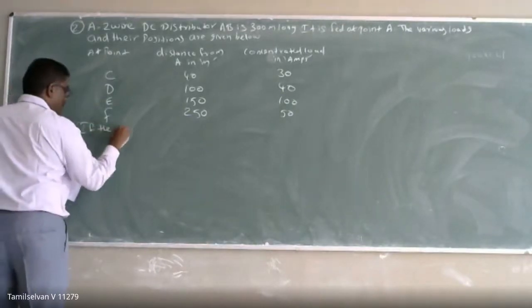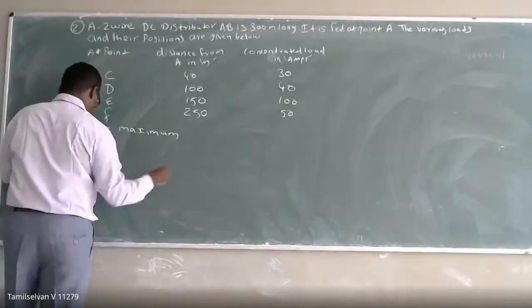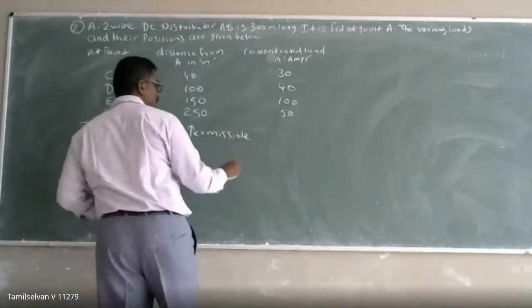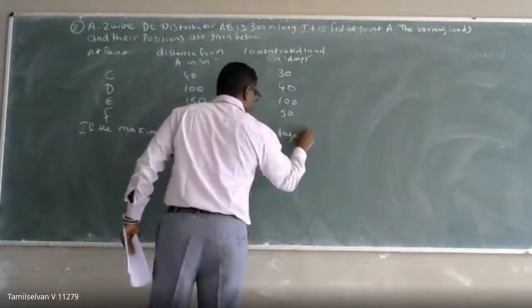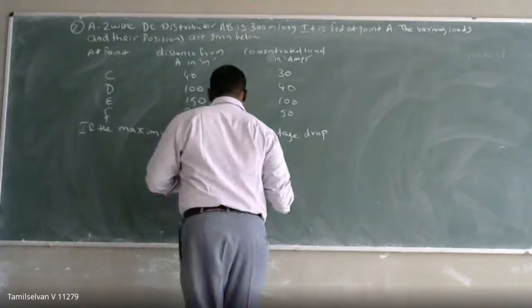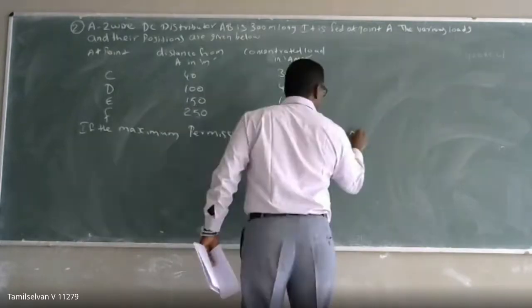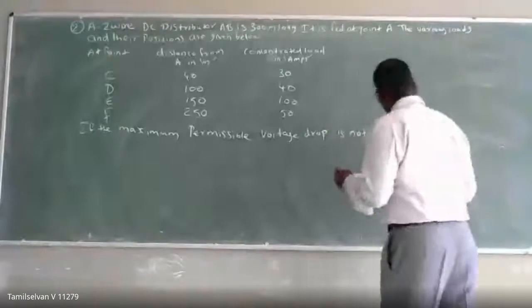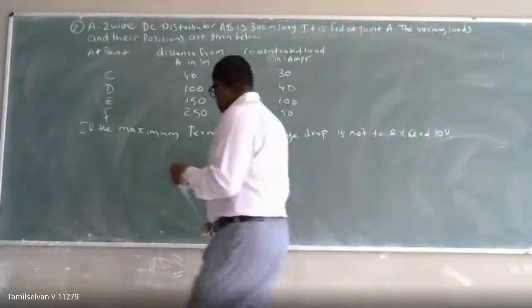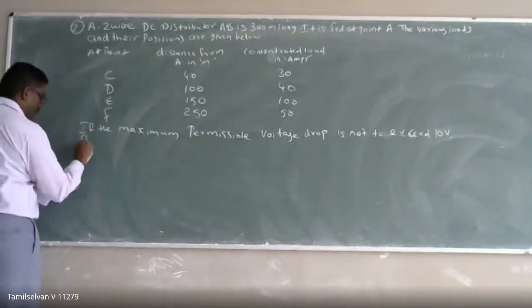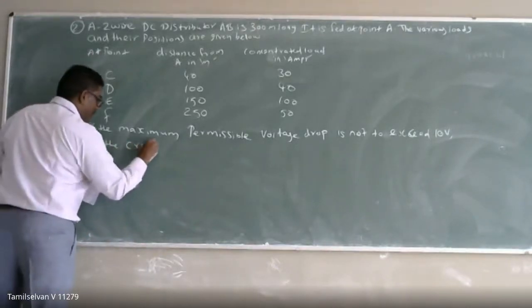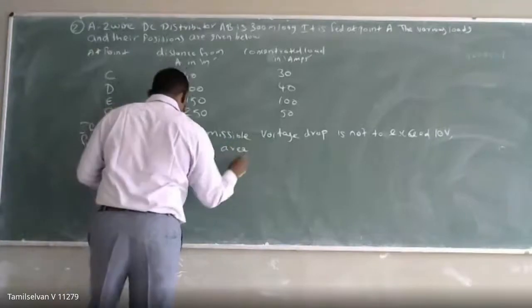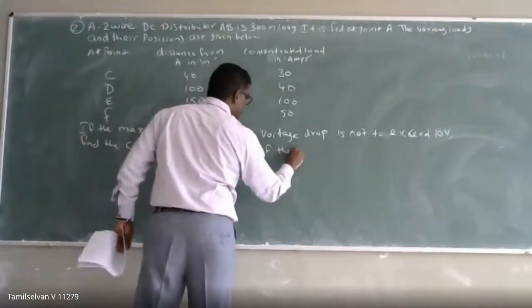If the maximum permissible voltage drop is not to exceed 10 volt, find the cross-sectional area of the distributor.